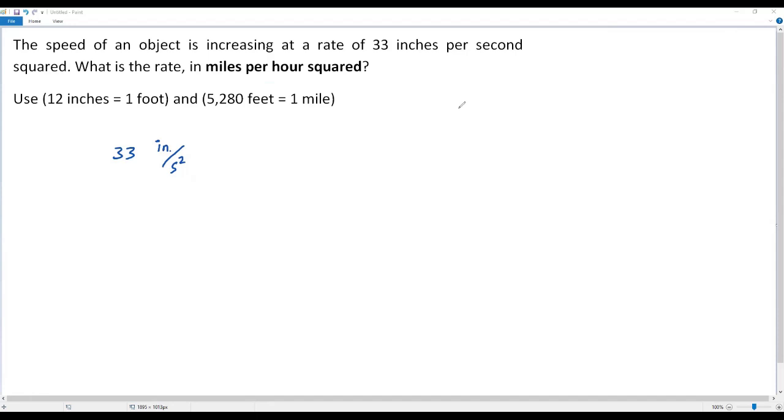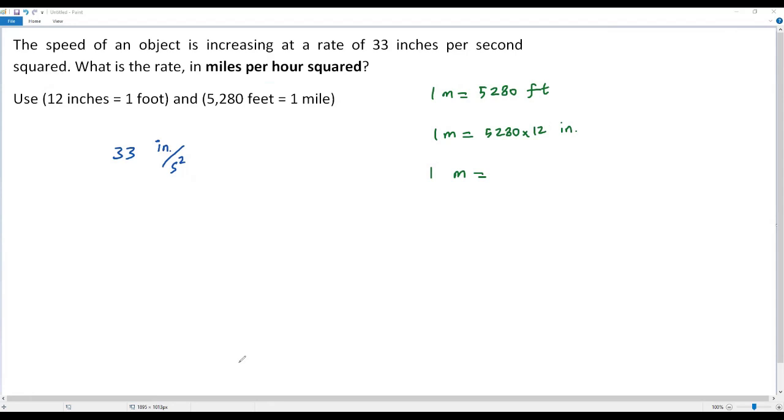Let me write the stuff over here. That is 1 mile equals 5,280 feet. Now let's convert the feet to inches. We know that 1 foot equals 12 inches. To convert this 5,280 feet to inches, I have to multiply this by 12. Then I'm getting 5,280 times 12. When I multiply this by 12, it will become inches. Then I'm getting 1 mile equals, let me multiply this 5,280 by 12.